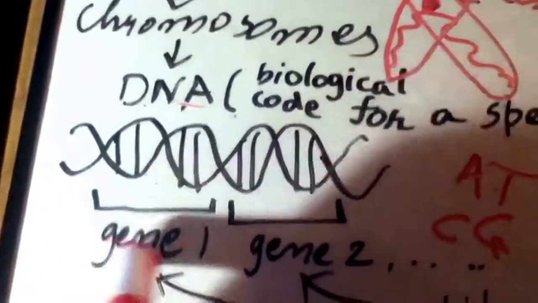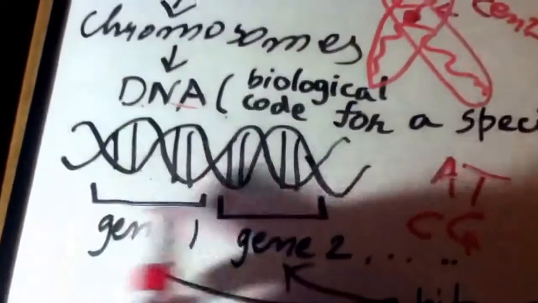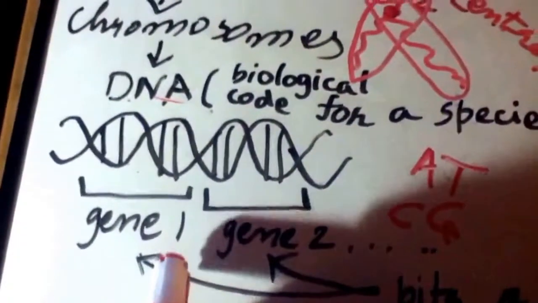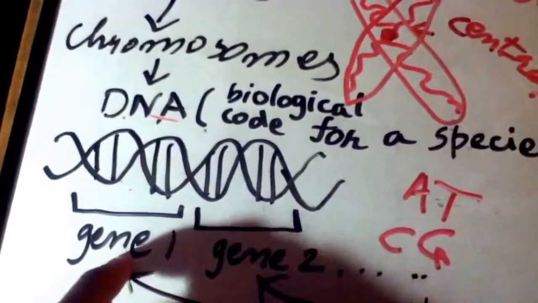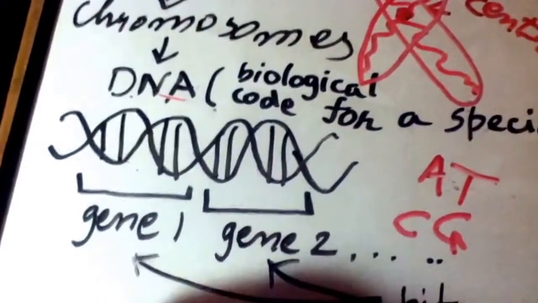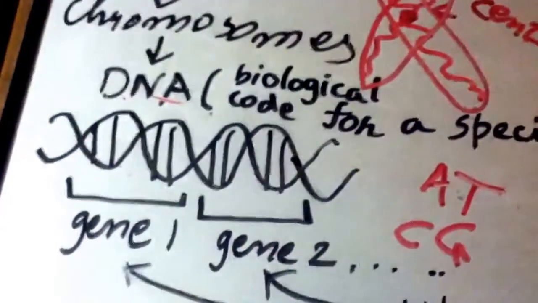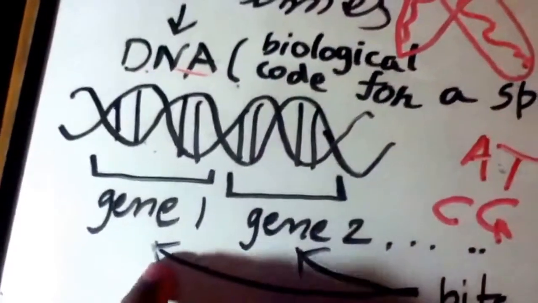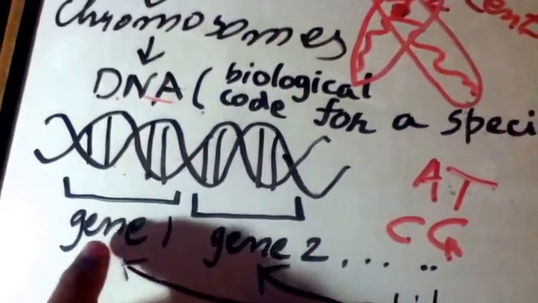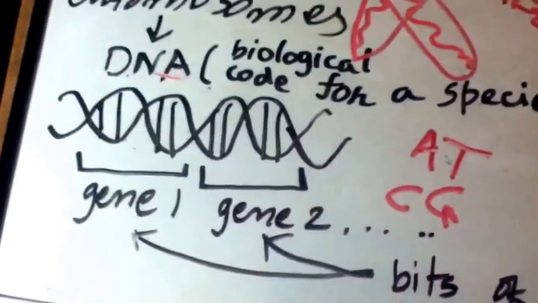Now, in this long code, there are bits and sections which are referred to by us as genes. Genes may have different kinds of numbers and all those fancy alphabets and letters bunched up together to make up a name. But I'm gonna call them gene 1 and gene 2 for the purposes of the video.